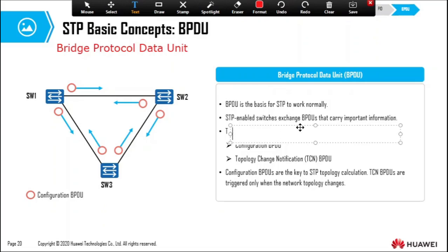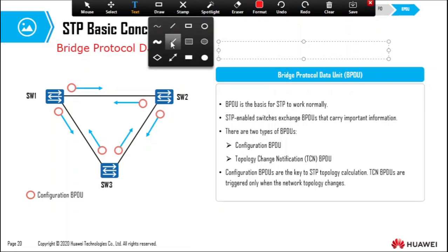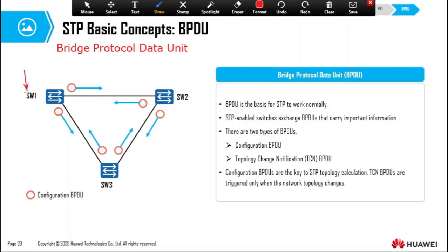Now we have two types of BPDUs. The first one is called a configuration BPDU, and the second one is called a TCN BPDU, or topology change notification BPDU. So for the configuration BPDU, this is what we will be receiving from the root port all the time. So the root bridge will be proactively sending down the tree. In this example, this one is the root port.